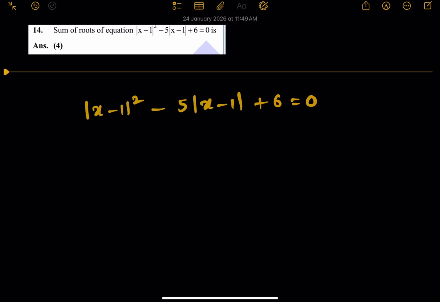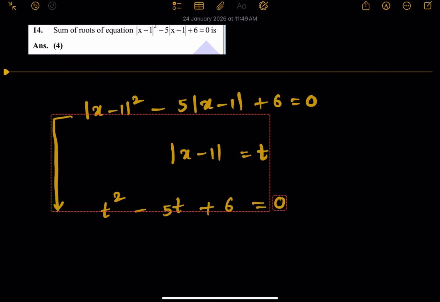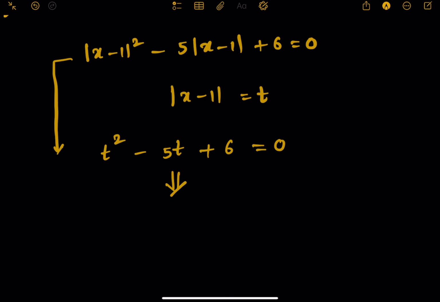If you consider mod x minus 1 is equal to t, let us say, then this will become t square minus 5t plus 6 equals 0. So you'll get two roots for this quadratic equation. Just by looking at it, you can say that t equals 2, 3.